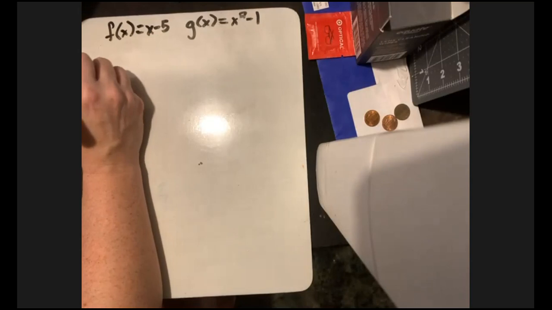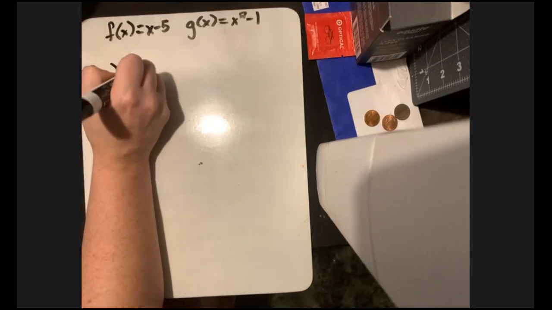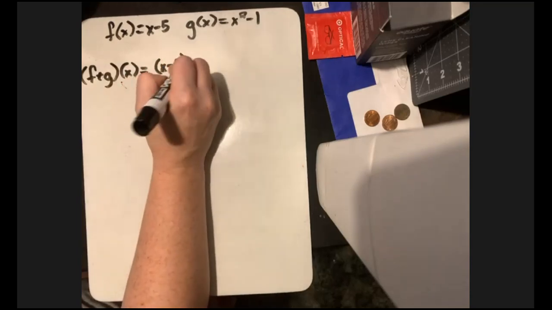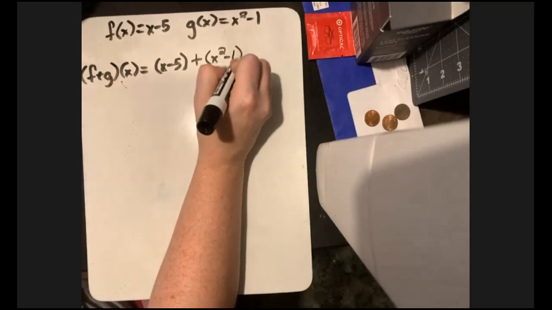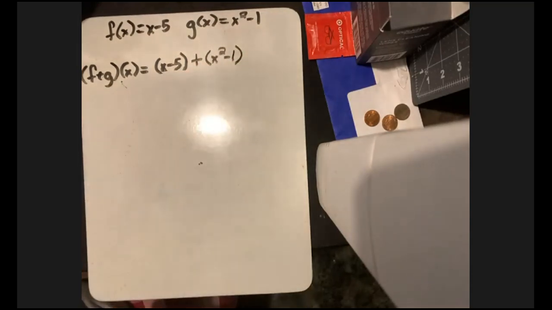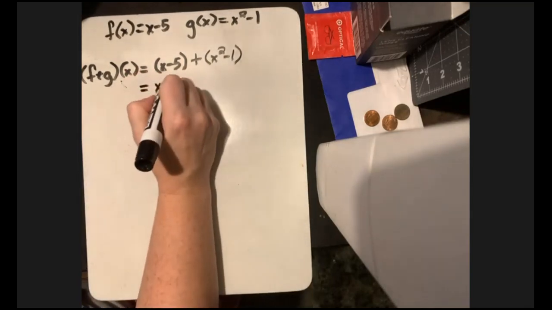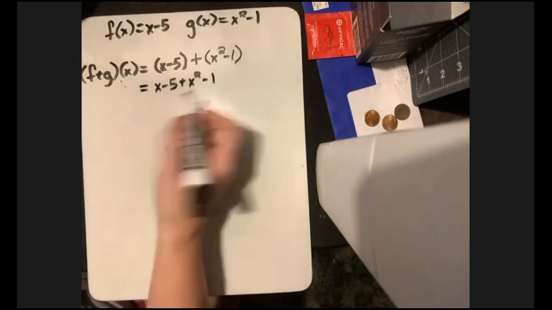So if we're going to do f plus g of x, and again, I'm going to use parentheses here more so as a grouping symbol, I have x minus 5 plus x squared minus 1.